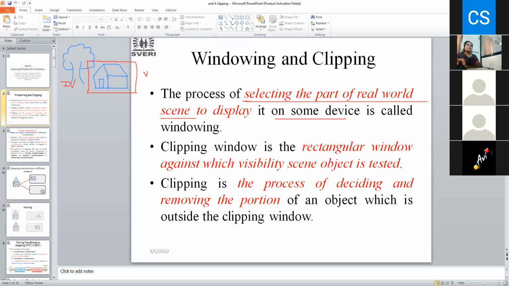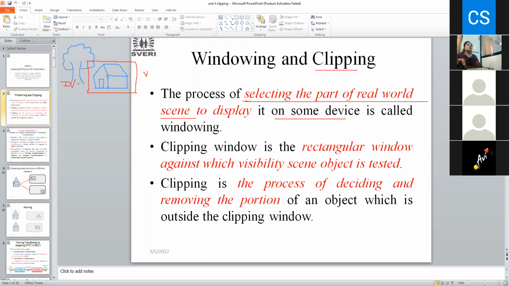Then clipping is the process of deciding and removing the portion which is outside the clipping window. And what is clipping then? We are having this picture as a whole, and out of that we are keeping the portion which is visible with respect to the window, and we are removing the portion which is outside.